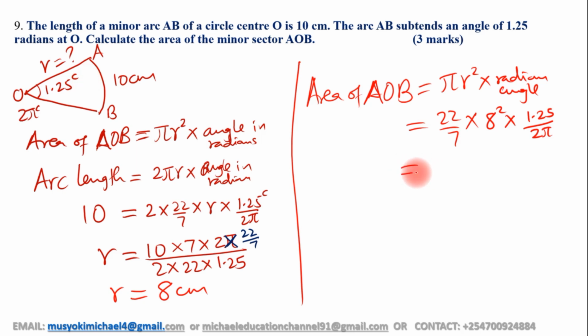So this is 22/7 times 8 squared, which is 64, times 1.25, all over 22/7. If we work it out, we end up getting 40 centimeters squared, and that is the answer.